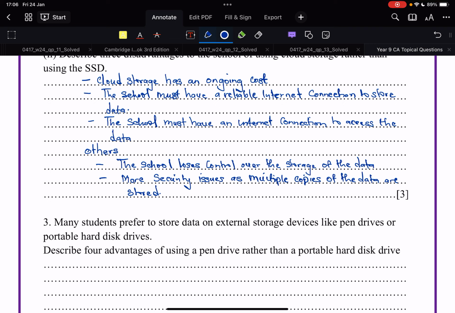Because again, we talked about cloud computing. This is where the data are stored across remote servers. So again, we talked about it causes more data redundancy, and that is because copies of your data are made across servers, and that can pose a security concern.